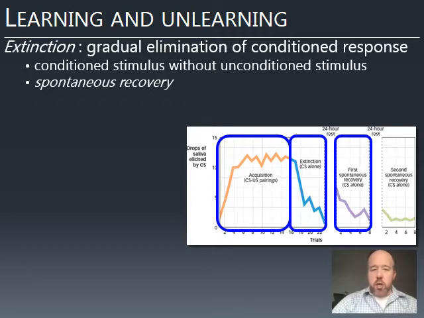So after extinction, after Pavlov had given the bell without the food, waited a little while, and then rang the bell again, the dog would still salivate a little bit. Not quite as much, but a little bit. And so clearly some of that knowledge was still in there, so to speak. The dog had not totally forgotten the pairing between the bell and the food.